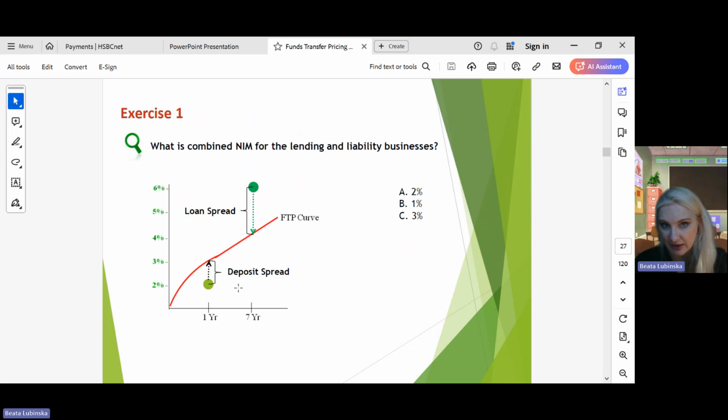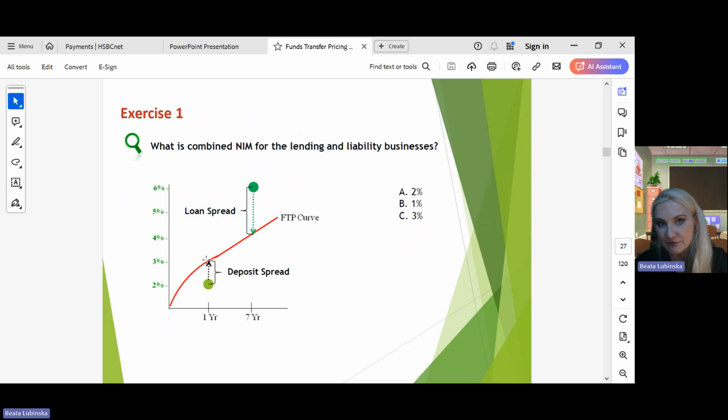And in this particular case, it is funding originated by retail funding, SME funding, financial institution funding. However, this is where your P&L is generated.